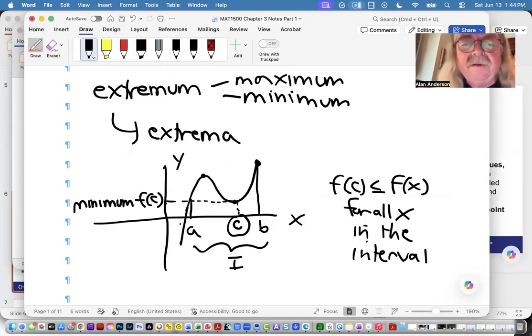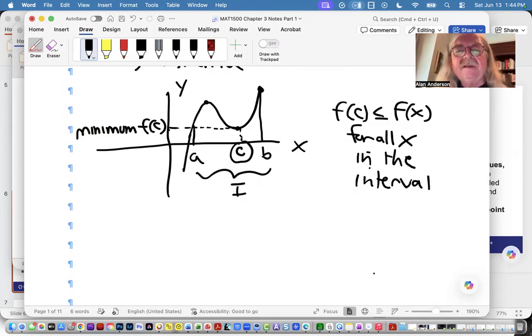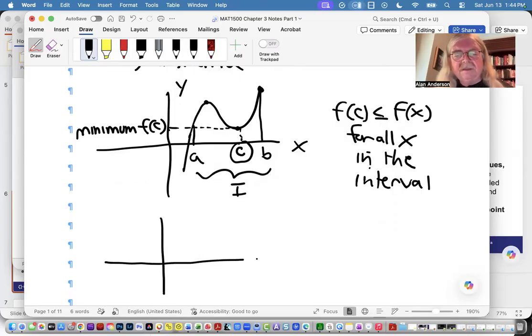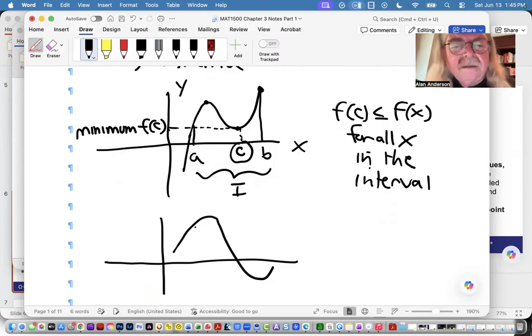Okay. Now, of course, we may have the opposite. Let's try something like this. Let's say this is my interval, and this is the point c, and this is f of c.